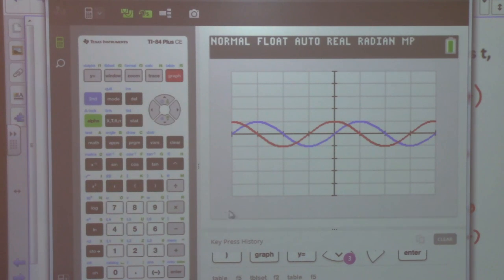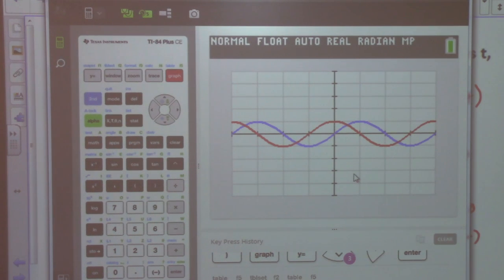So what is the utility of these kinds of functions? How could you use these functions in real life? Pardon me? Frequencies? Yeah, frequencies. This is like if you look at an oscilloscope, you'll see that exactly.